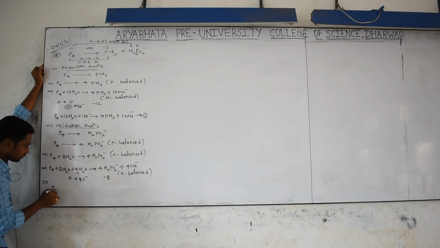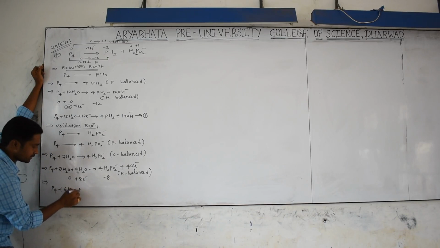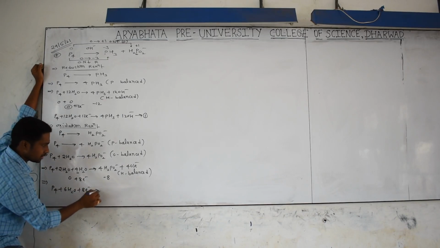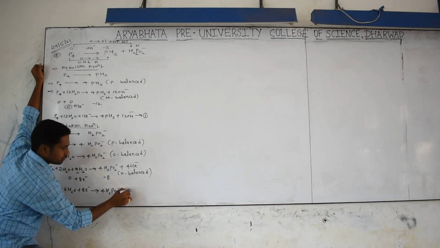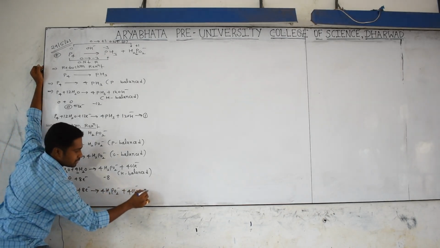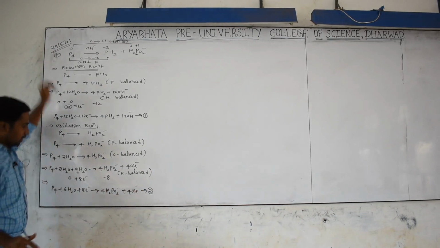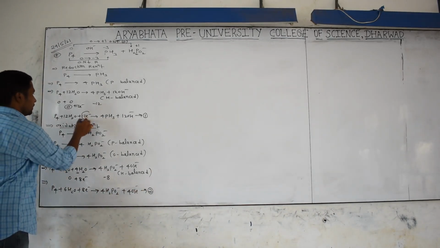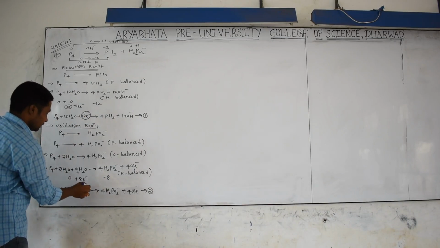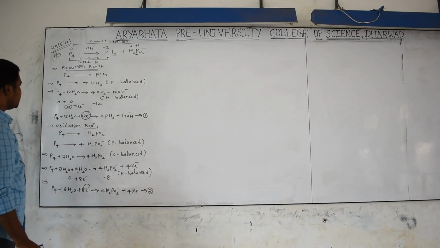Then write down here P4 plus 2 plus 4, that is 6 H2O, plus 8 electrons gives rise to 4H2PO2 minus plus 4OH minus, which is equation number 2. Now check it carefully. In one reaction we have 12 electrons, in the other reaction we have 8 electrons. See, somewhere there is a problem.